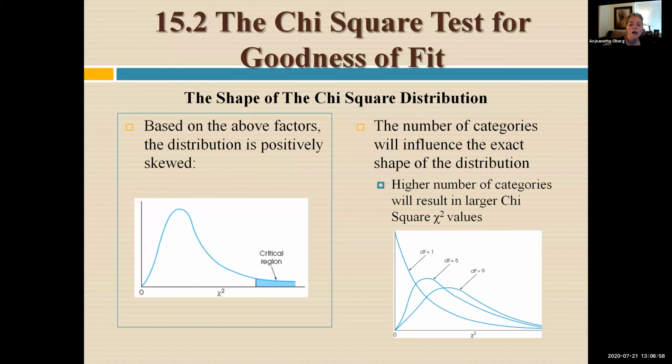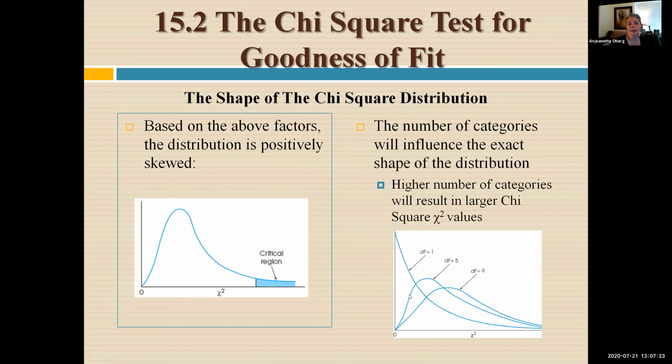Okay, so as noted in the appendix, this is our distribution of the chi-square. It's only a positive distribution. Our critical region is in that tail end. It'll be a smaller tail if you're using a smaller alpha level. And then a higher number of categories changes the shape of your distribution a little bit.